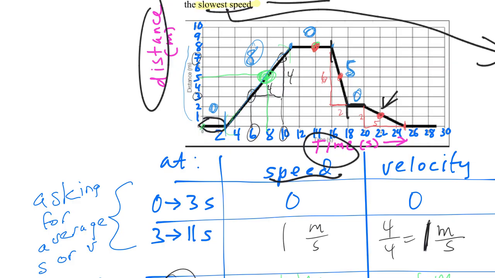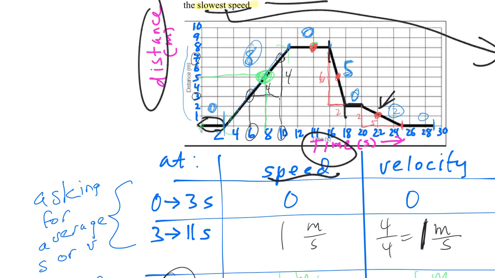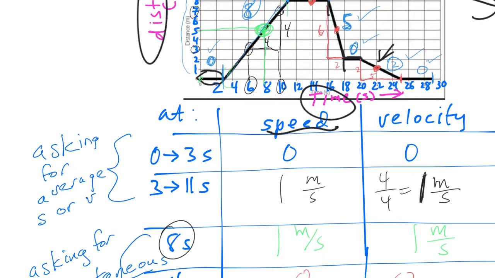Then I went 0 meters here. Then I went 2 to 0, I did 2 meters there. Then 0 for this trip. And it looks like I did 29 seconds total. Okay, so 0 plus 8 plus 0 plus 5 is 13, plus 0 plus 2 is 15, plus 0. So the distance is 15 meters over 29 seconds.